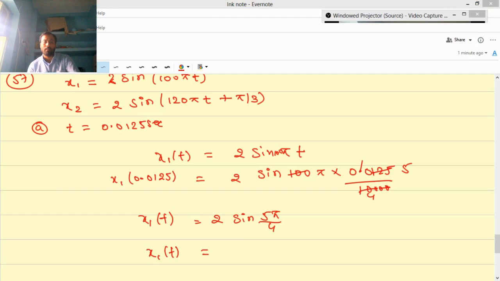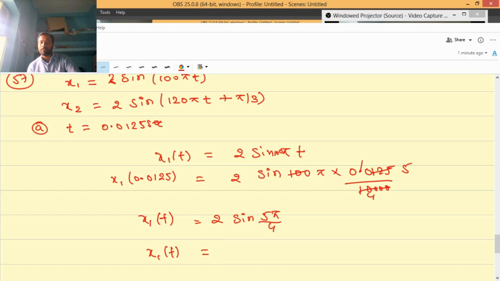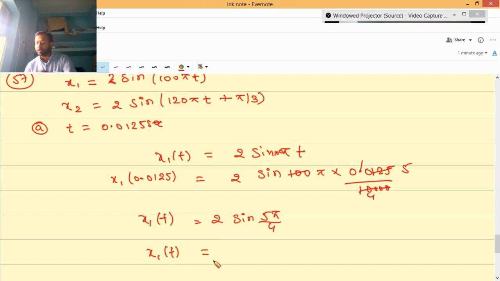Let me evaluate this value with the help of a calculator. What we have evaluated here is that this value is 2, and this value will be minus root 2 upon 2.